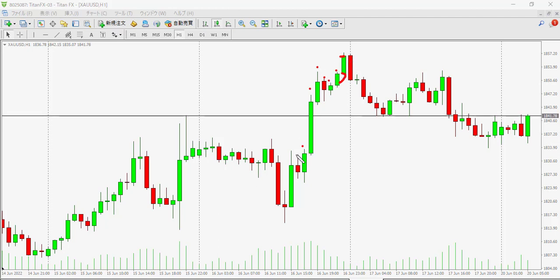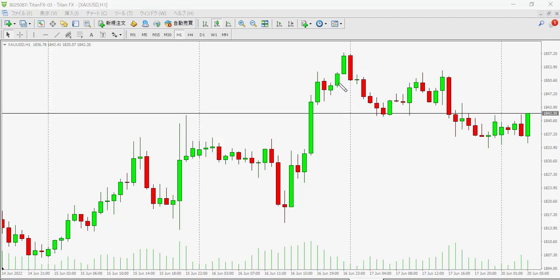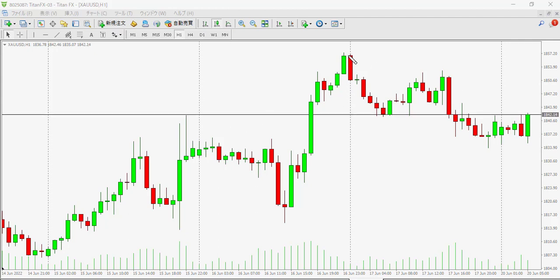Okay, how many times does the high reflect the highs? So we have to pay attention. The price came back, and there is also another important thing. The most important thing is the trading session. Okay, this candlestick appears at the end of the American session.